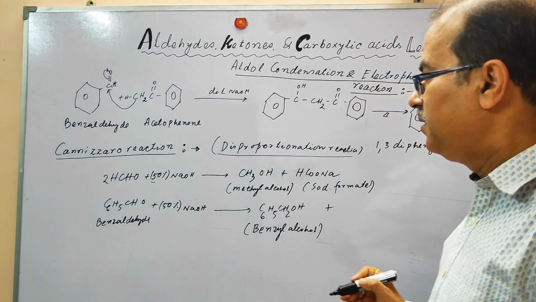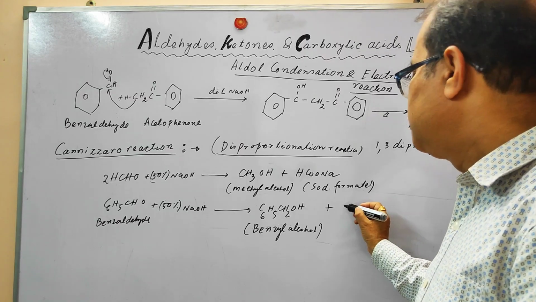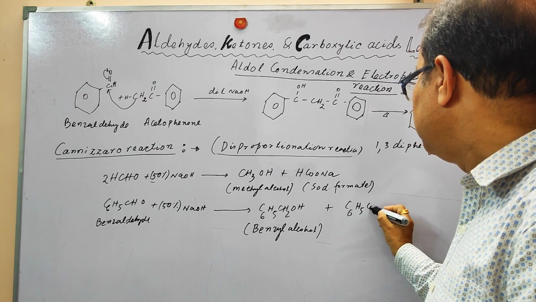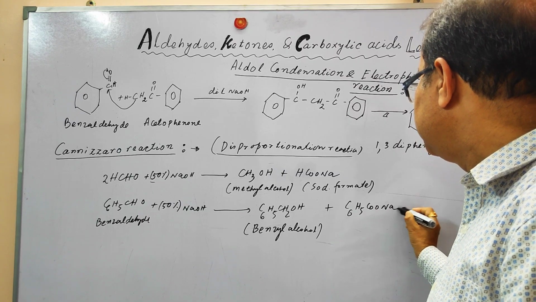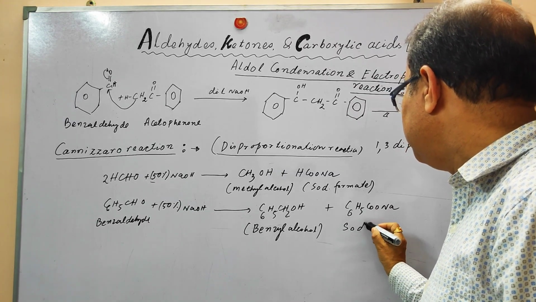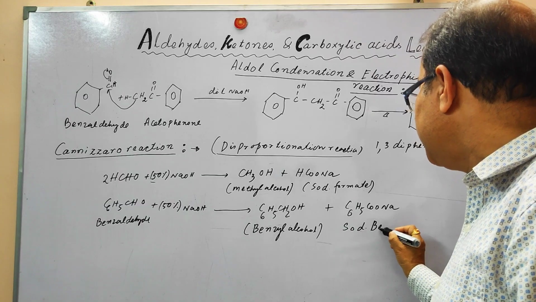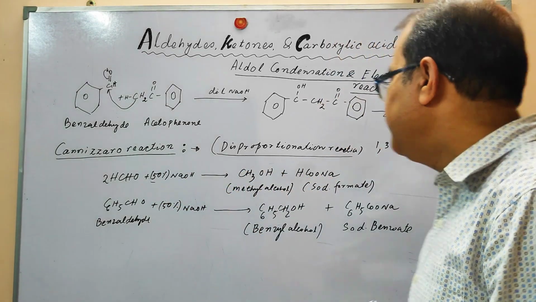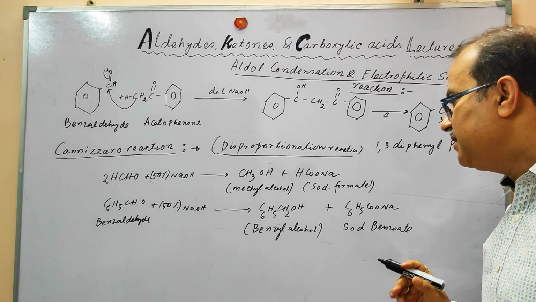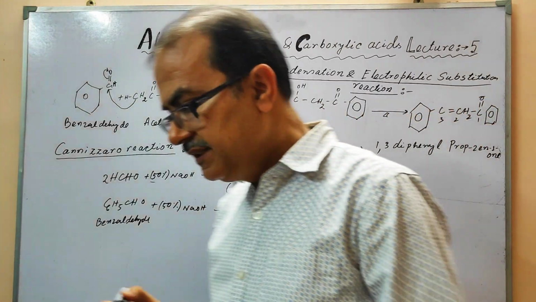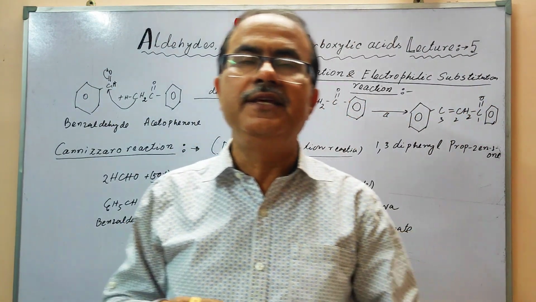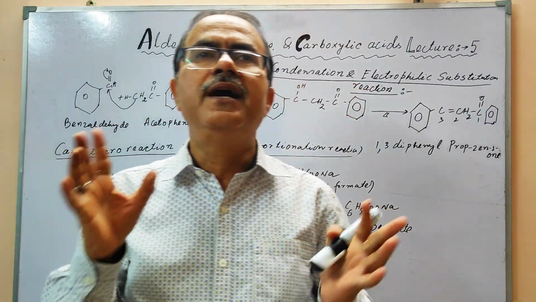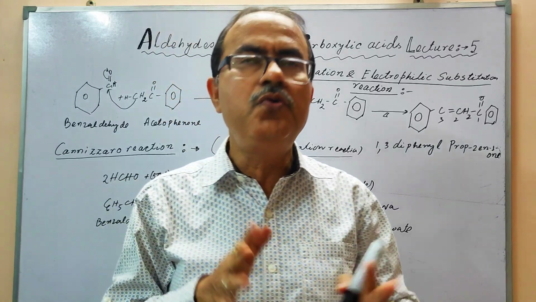And sodium benzoate. And this is sodium benzoate, in the similar fashion that we have discussed in the case of formaldehyde also. This is called the Cannizzaro reaction. The mechanism of the Cannizzaro reaction is basically a hydride shift, and with this it is going to produce these two products.